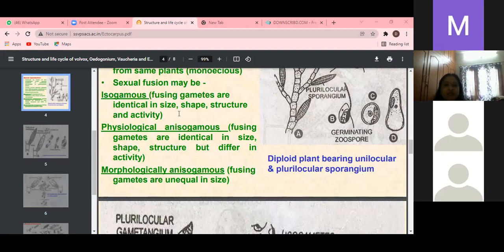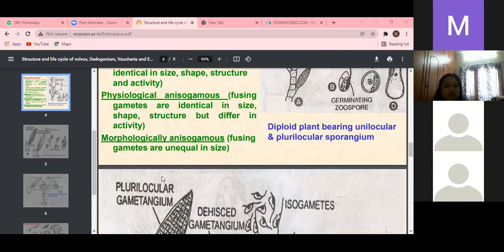Morphologically anisogamous means the gametes are unequal in size. In this one, a number of male gametes fuse with a female gamete and form the zygote.